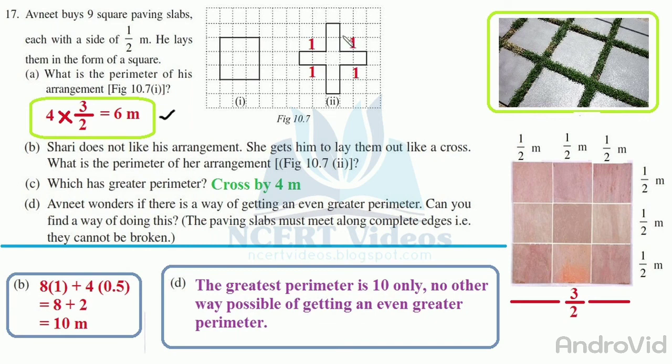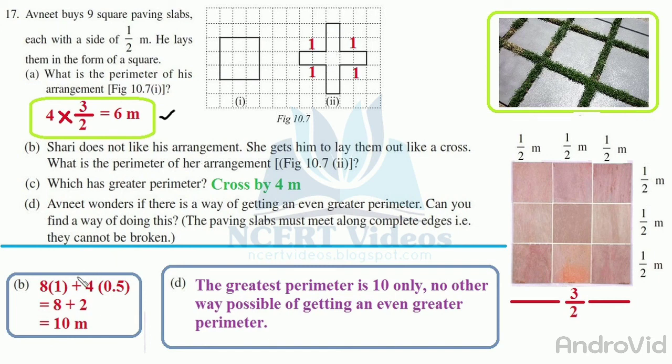Similarly, we have 4 such things also for these 1, 2, 3 and 4, and these are half here and half on the other side. 2, 3, 4, again 4 times half. So 8 ones we have, 1, 2, 3, 4, 5, 6, 7, 8.